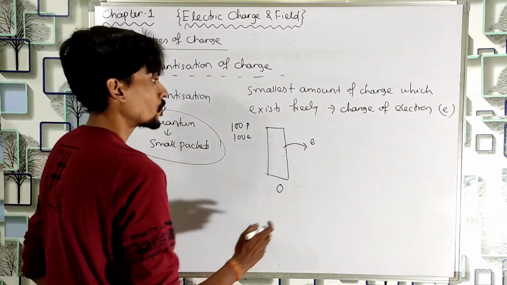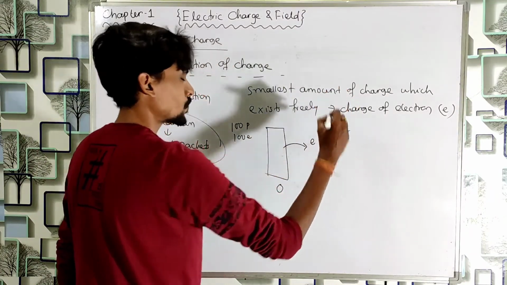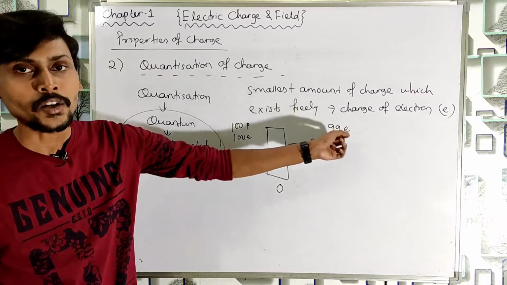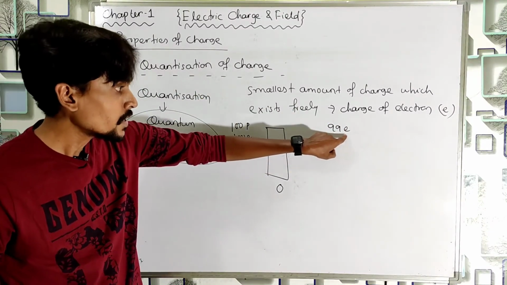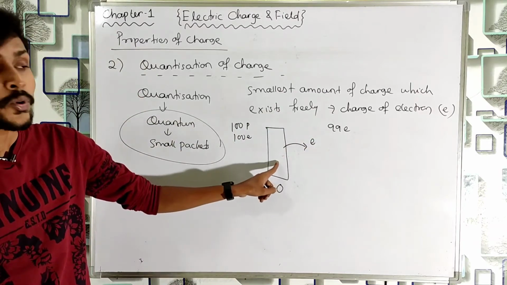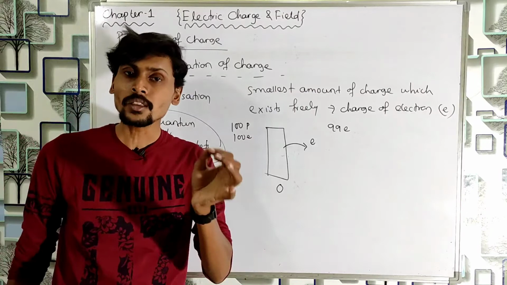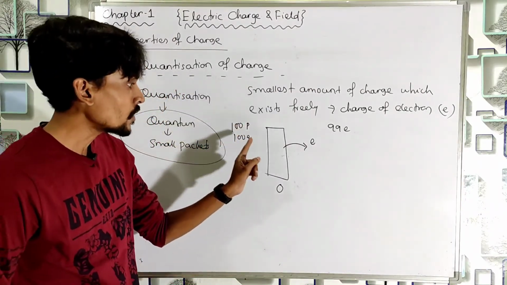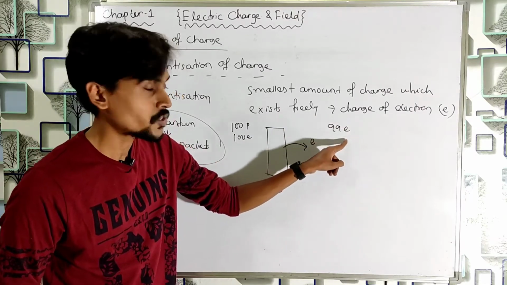Now if I remove one electron, then we will get 99 electrons. If I remove one electron from the body, then I will have 99 electrons inside the body, but we have 100 protons. We are not removing protons, we are removing the electrons. So if one electron is removed, the number of electrons decreases.